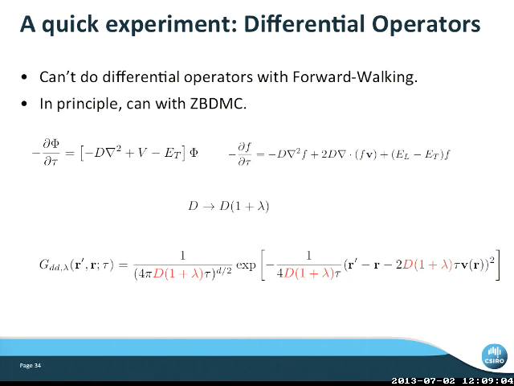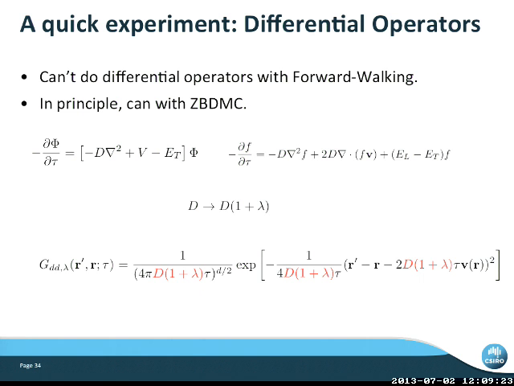So the way you do it in this case is you go back to your original imaginary time diffusion equation and you perturb it before doing the importance sampling transformation. That's key to doing it. In this case I'm doing the kinetic energy.